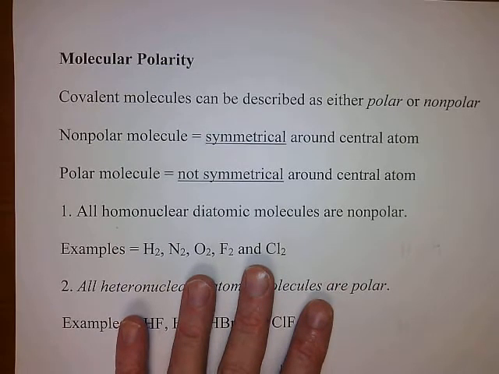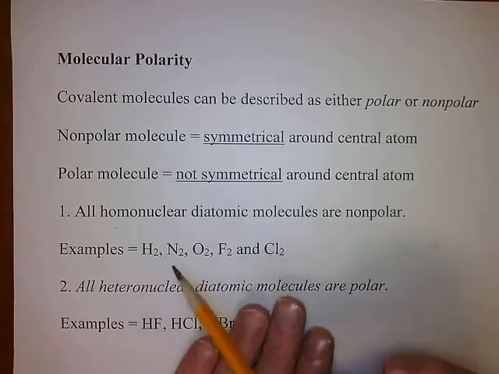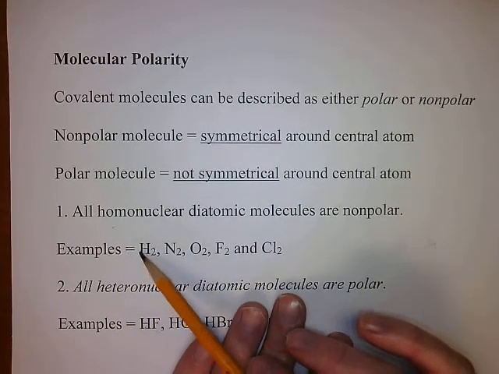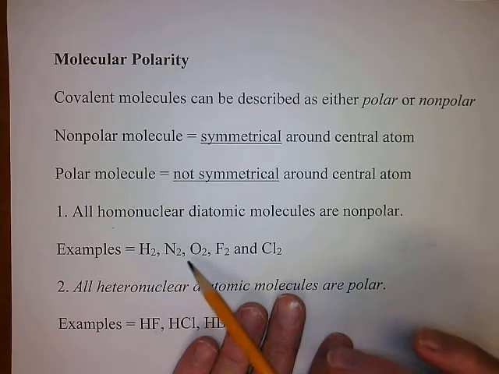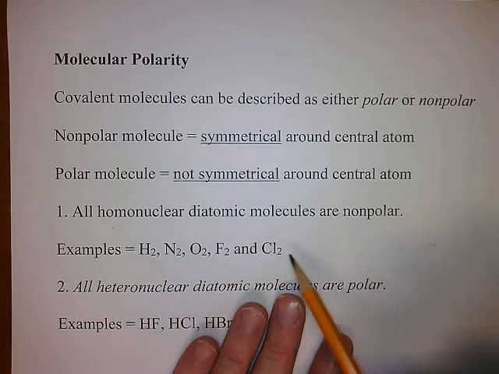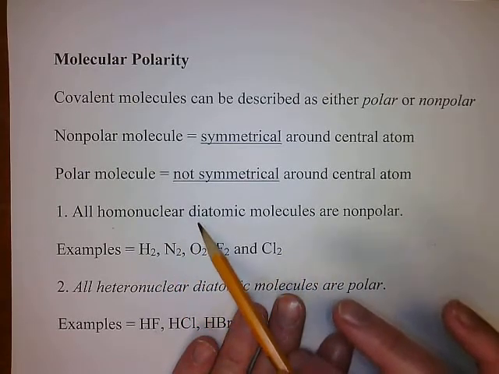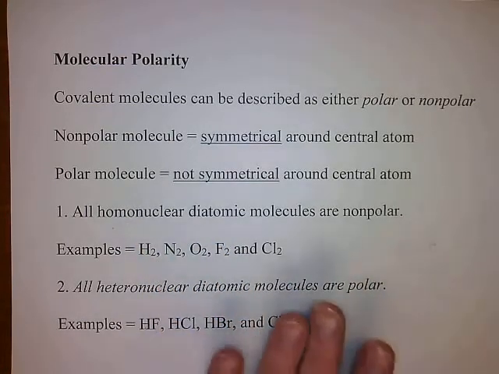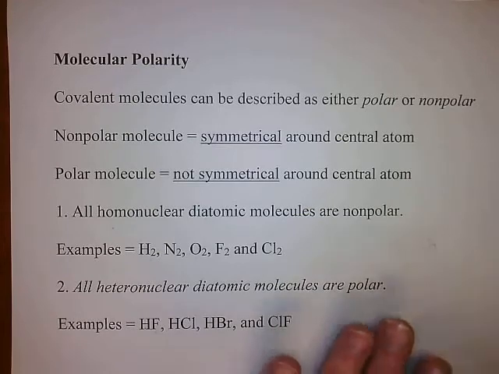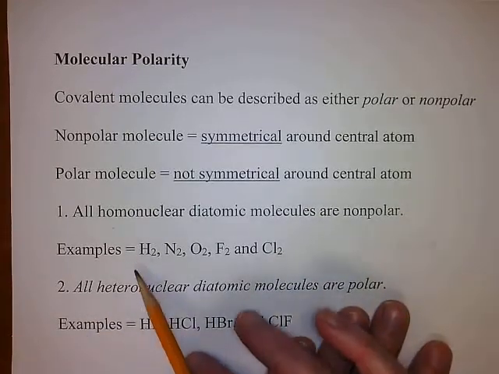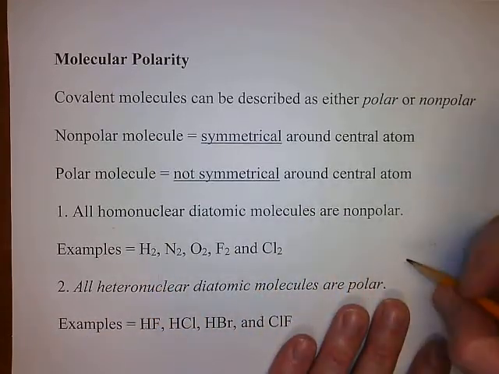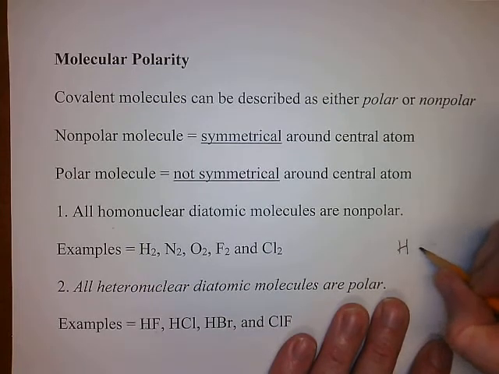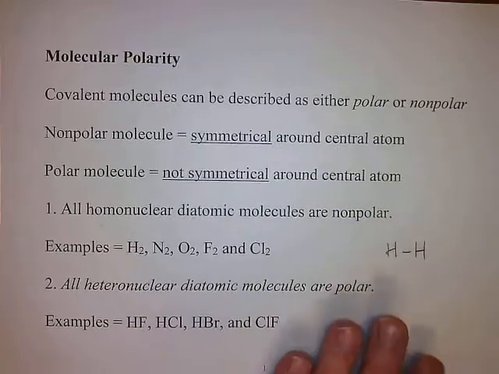homonuclear diatomic molecules are nonpolar. So for examples, things like hydrogen, nitrogen, oxygen, fluorine, chlorine, all these are diatomic, right? Di means two, and homo means the same. So we have two like atoms bonded to one another. In our first example, hydrogen, we have a hydrogen atom bonded to a hydrogen atom.